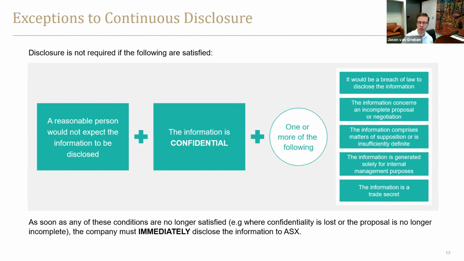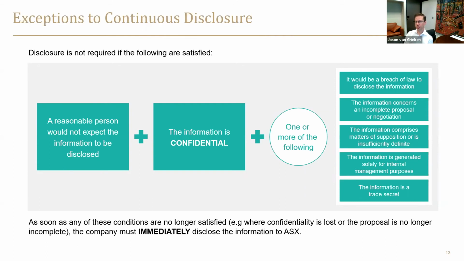So just talking through those exceptions, there are recognised circumstances where ASX recognises that there may be material information, but notwithstanding that, it doesn't need to be released to the market. And that's fundamentally where a reasonable person would not expect it to be disclosed at that point in time. The information is confidential. And in addition to that, one of a number of limbs are satisfied, which we've set out on the screen.